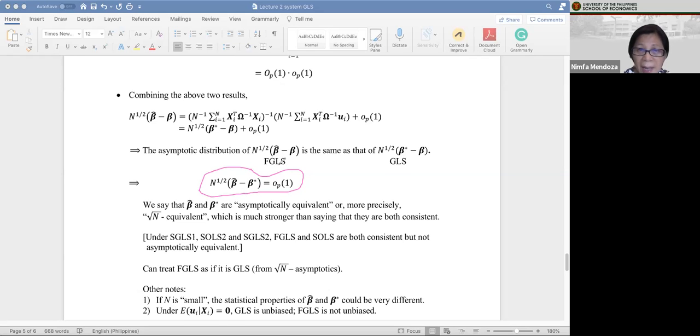So the FGLS estimator and the GLS estimator are asymptotically equivalent, or more precisely, square root of n equivalent, which is much stronger than saying that they are both consistent. Therefore, you can treat FGLS as if it is GLS. That is the result of this square root of n asymptotics.